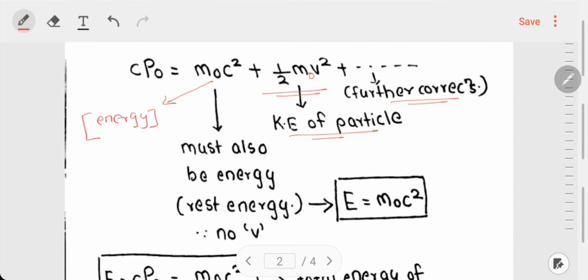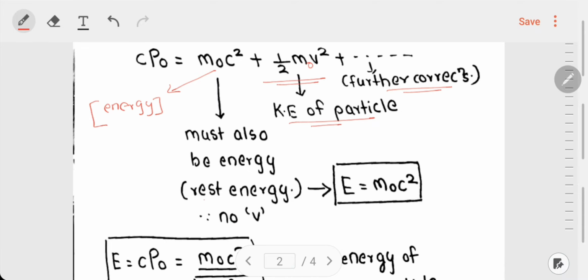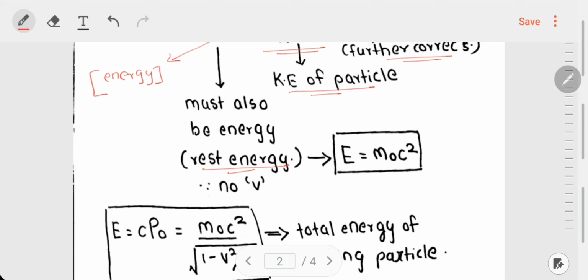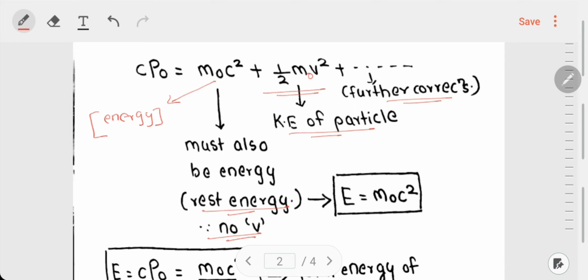And that is why Einstein named this the rest energy, because there is no v involvement in this term m naught c square. So this m naught c square, the rest energy, is a form of energy, and thus we have the famous relation by Einstein, E is equal to m naught c square.